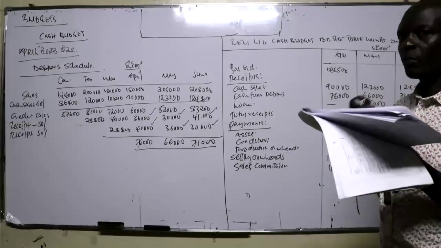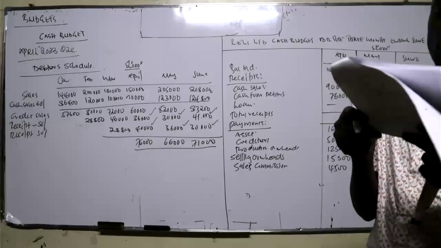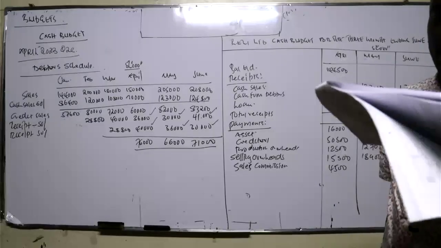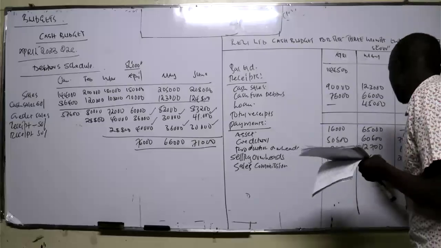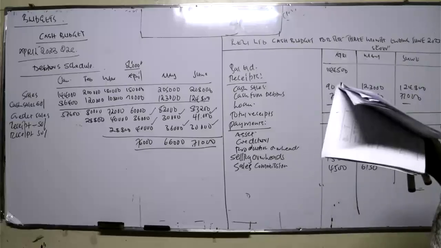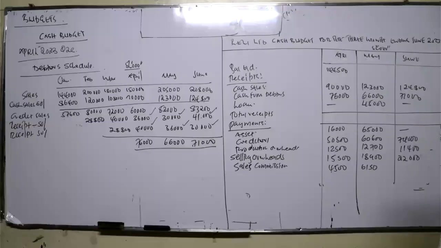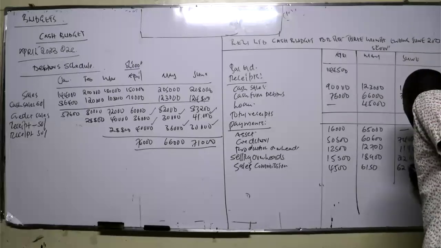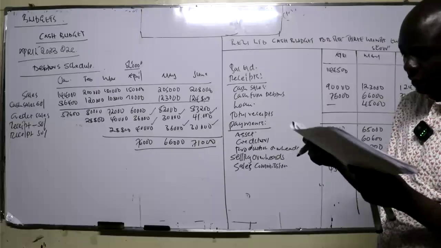And in May, the total sales was 205,000. 3% of 205 is 6,150. And the total sales in June was 208,000. 3% of that is the commission, 6,240. That is the sales commission.